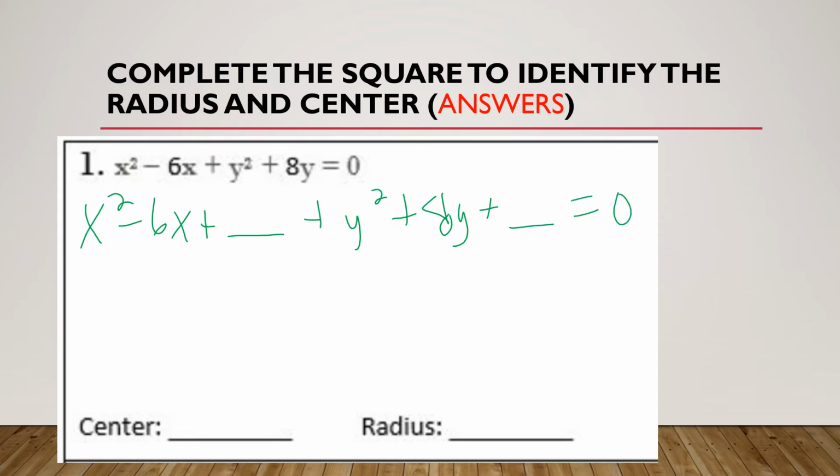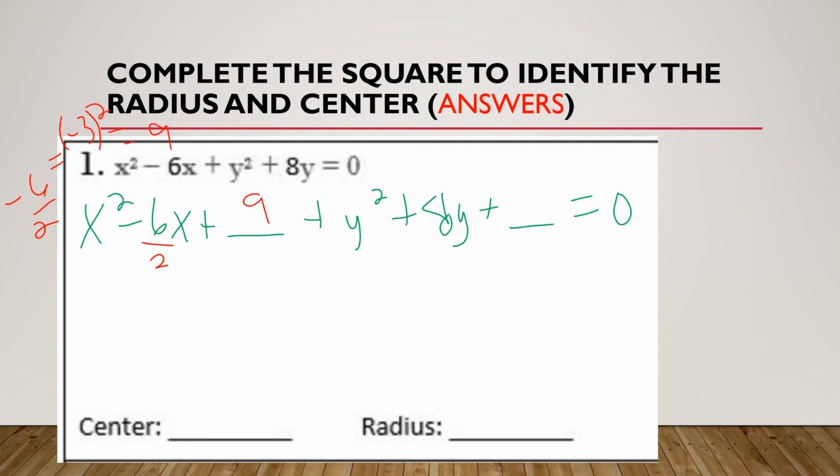And then we use that process of completing the square. So when we're completing the square, we take our second term, negative 6, divided by 2 is negative 3, and then we square it, and that gives us 9.